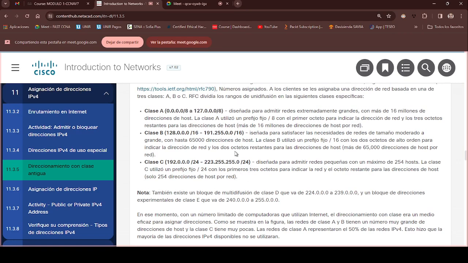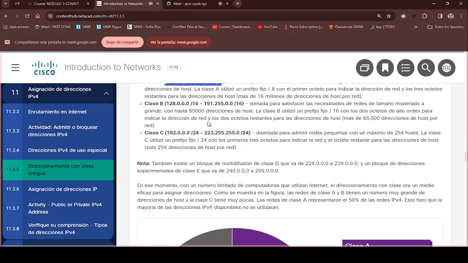Estos tres rangos de direcciones se diferenciaban en el número de hosts que podía haber por cada una de las redes posibles. Por ejemplo, la red clase A, ¿cuántos equipos podía tener? 16 millones de direcciones de equipos en cada dirección de red que se asignara.